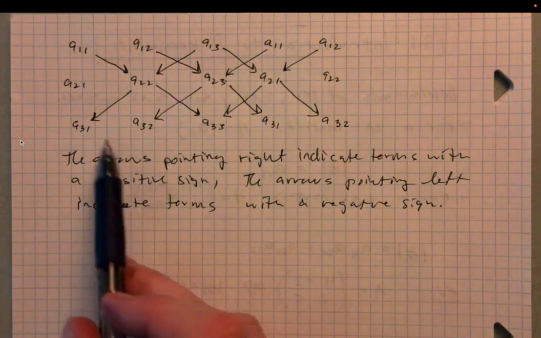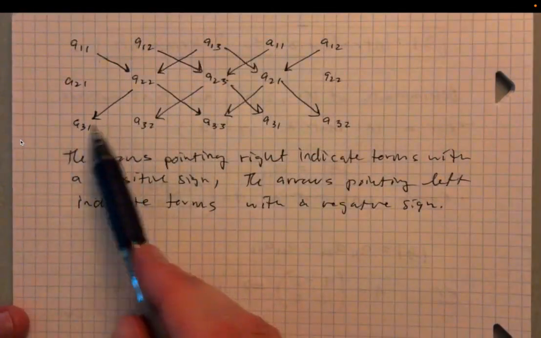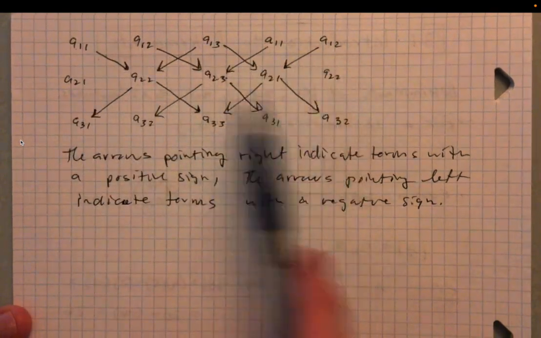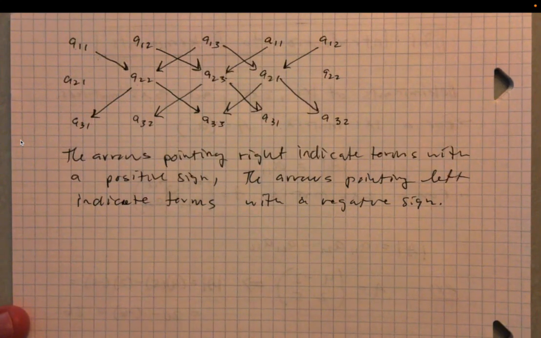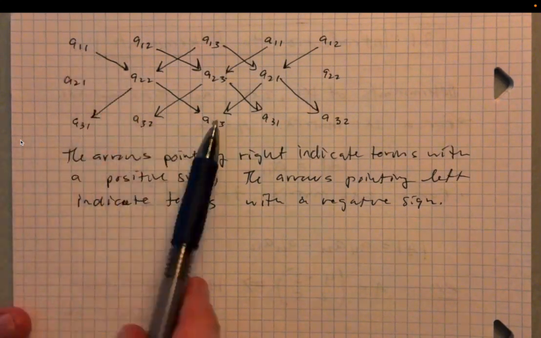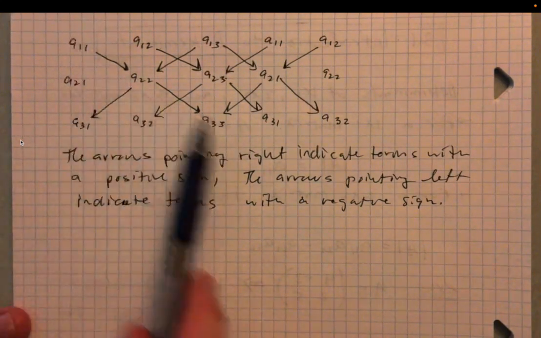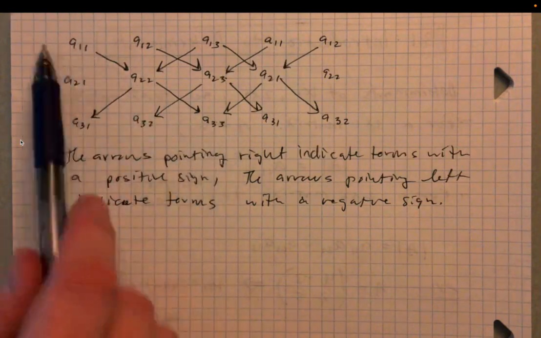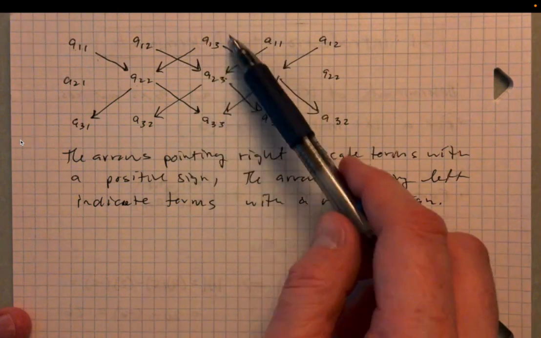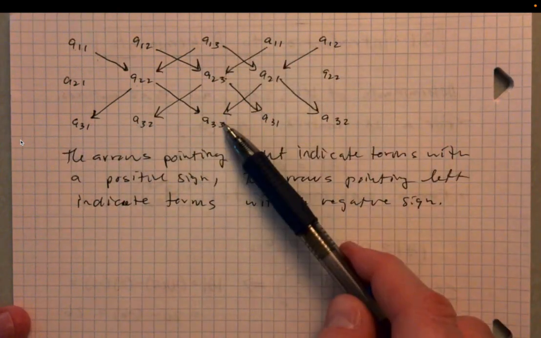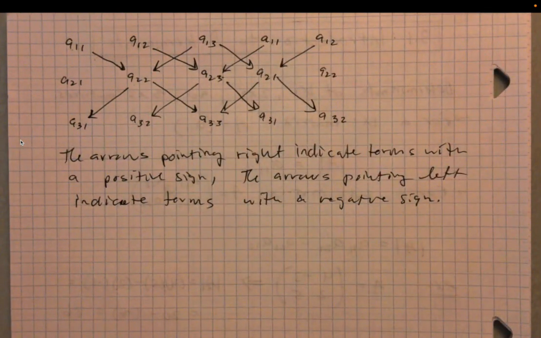It's easy to remember this layout. It's just the matrix itself and then the first two columns duplicated, and then it's just arrows drawn in the natural places. The arrow has to include a product of three numbers, so it has to be diagonal. So here's the first one, the second one, the third, fourth, fifth, sixth. Pretty easy to remember.